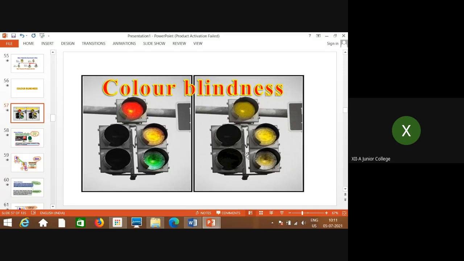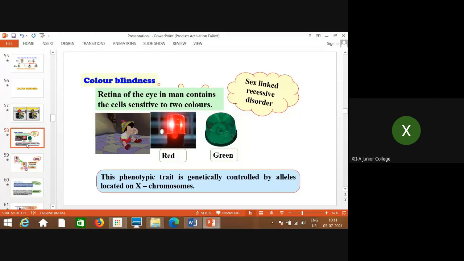So this is the difference. And the gene responsible for this is present on the X chromosome, in the recessive form. If the gene is in the recessive form, then only this phenomenon is expressed.